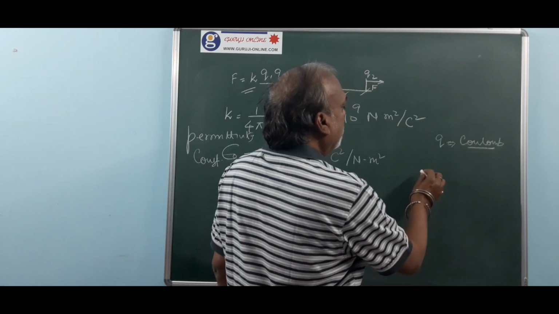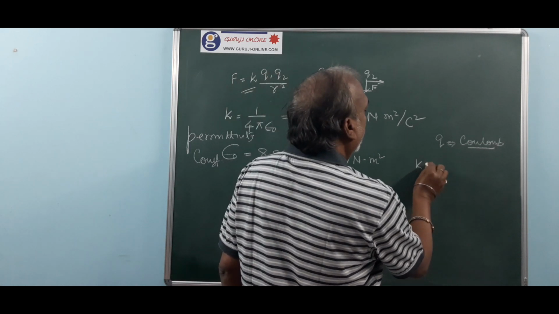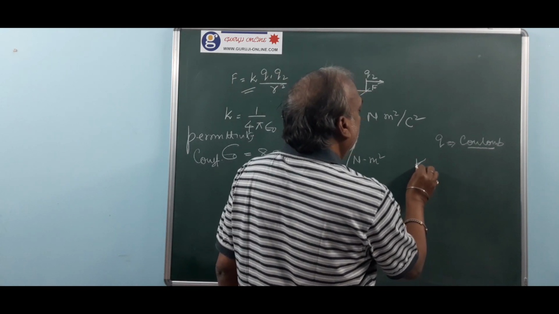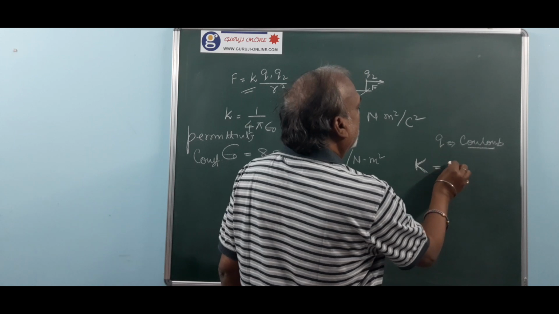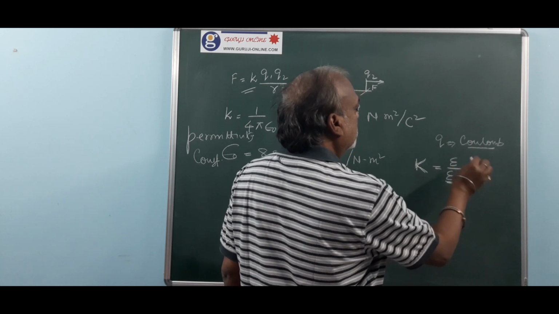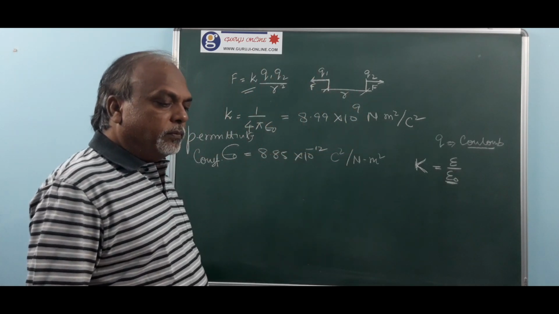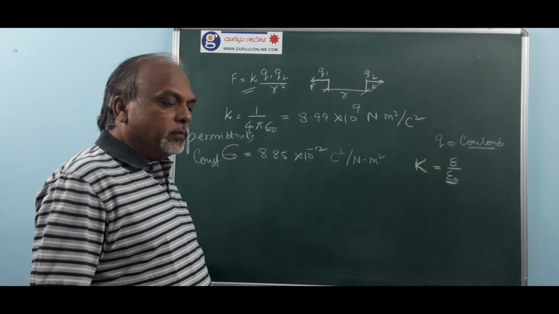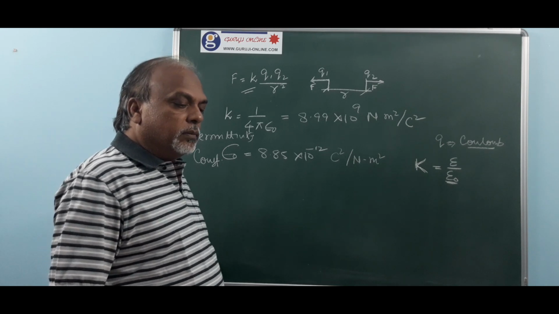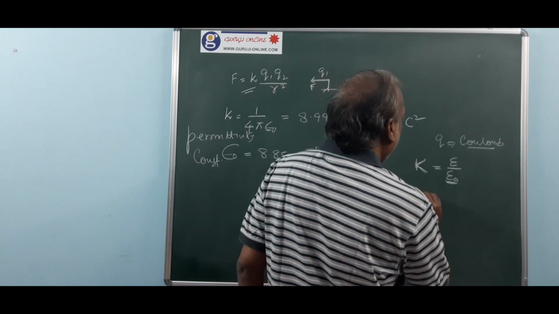Basically this depends on the medium. K, suppose this is capital K, this is nothing but, this is called relative permittivity.